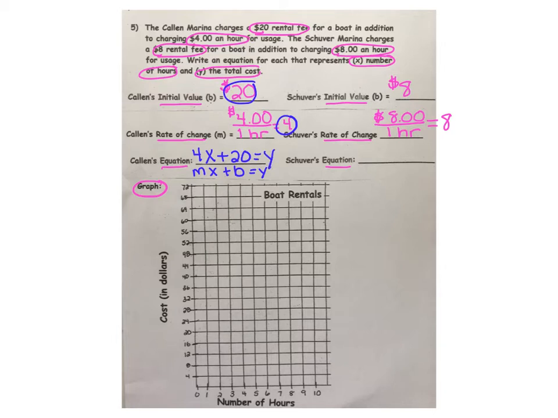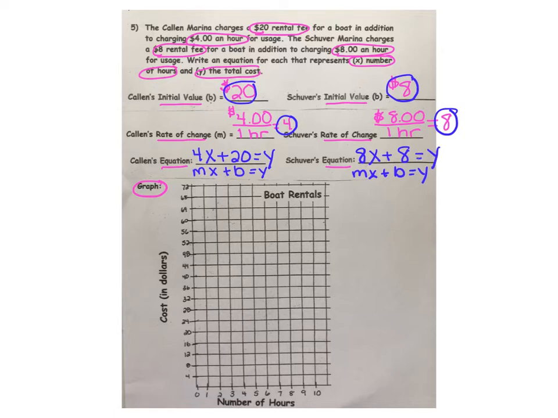And for the Shuver Marina, we need to use the same format, but this time it's $8 times every hour x plus an $8 initial rental fee, that's our y-intercept, equals y.